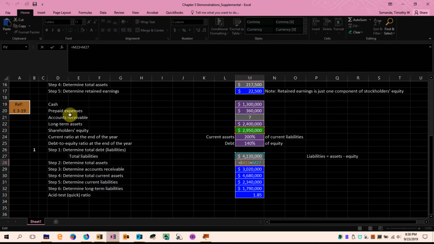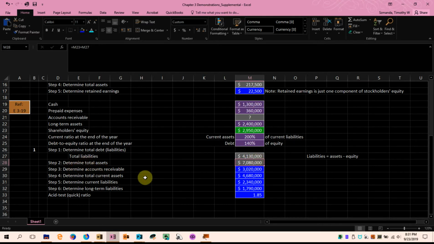Step 2, determine total assets. In this step, I took the shareholders' equity and I added to it the total liabilities, because we know that assets equals liabilities plus equity. So it's just a matter then of adding together the shareholders' equity and all the liabilities that we just solved for. And that, in a balanced financial statement, gives $7,080,000 using my numbers.